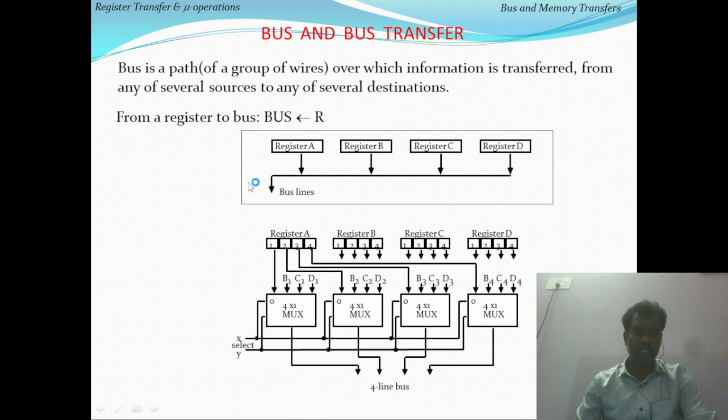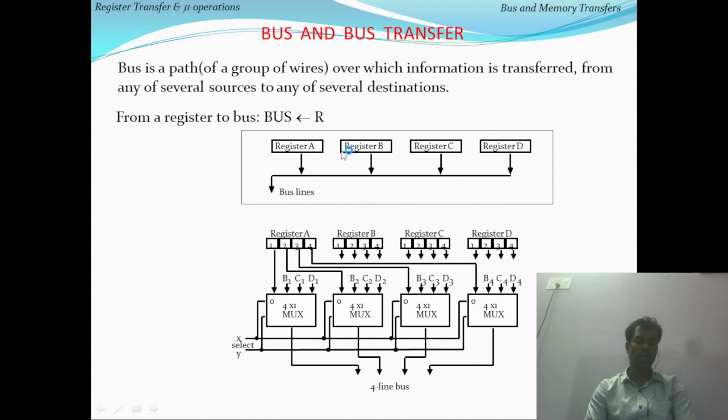So how will this data be transferred from source to destination? It will not be transferred directly from the source register to the destination. For example, if we want to transfer A to B, it cannot go directly from A to B. There is no direct connection. All the registers are connected to the common bus, and the common bus is connected in both directions to the registers.